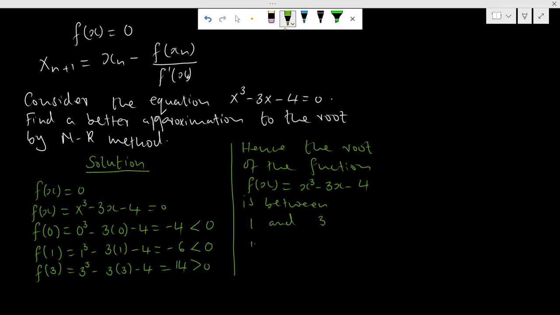That is, between x is equal to 1 and x is equal to 3.